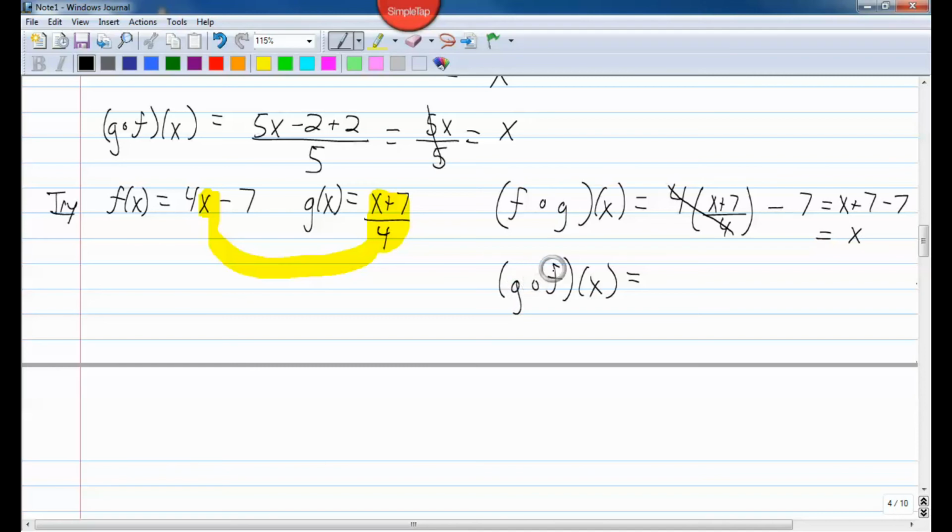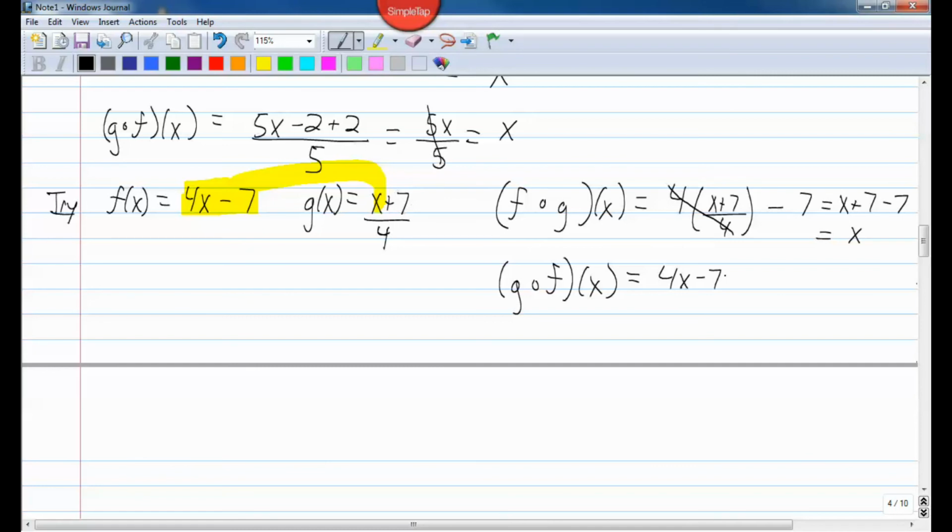Now, g of f of x. I need to take the second letter, stands for the function f, and plug it into the g. So, take the f here, f of x, and plug it into the g. So that's going to be 4x minus 7.